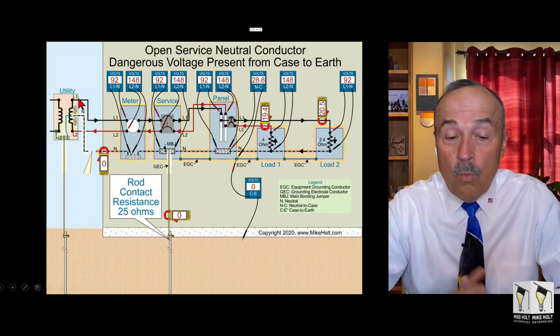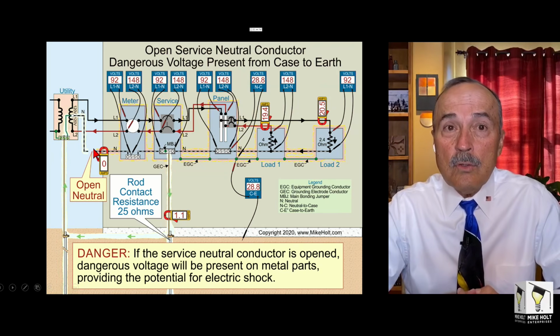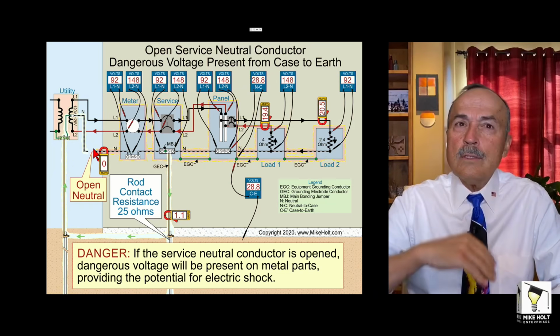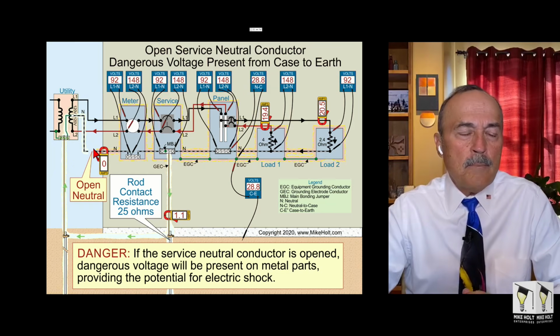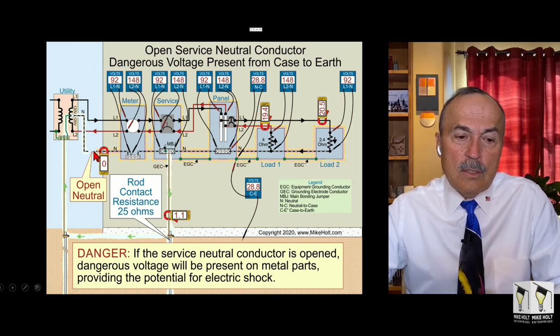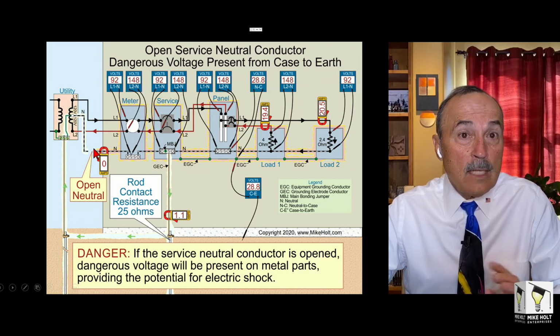Now, what happens if squirrels love that secondary neutral aluminum wire and chew it all up? Or there's some wind, or an ice storm. For whatever reason, the utility loses the secondary neutral conductor. Let's follow that.